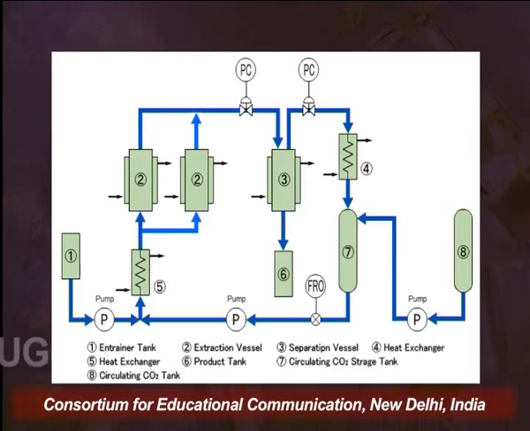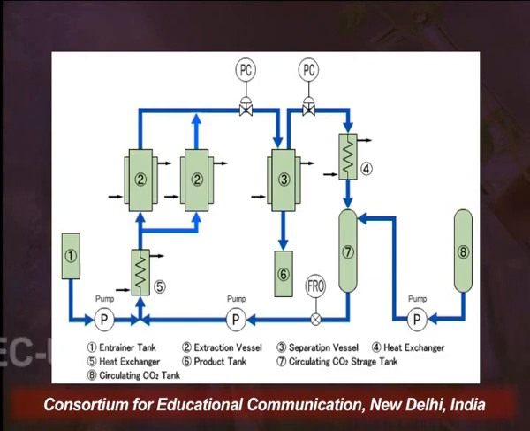So as you can see in this flow diagram, this is the flow diagram representation of a supercritical fluid process. There is a vessel labeled as 1. This vessel is a storage vessel for the entrainer or the co-solvent, which is pumped with the help of a pump into the heat exchanger, which is labeled as 5.